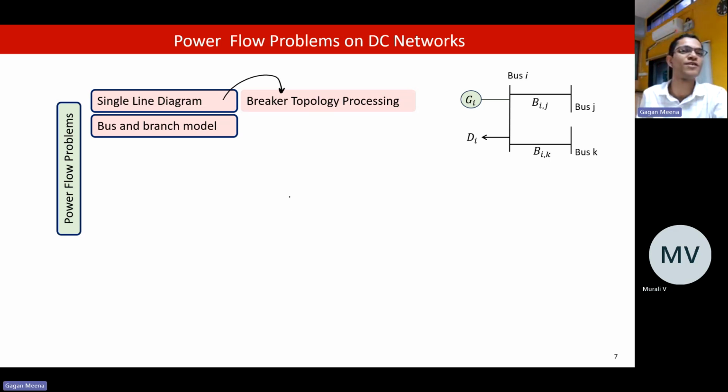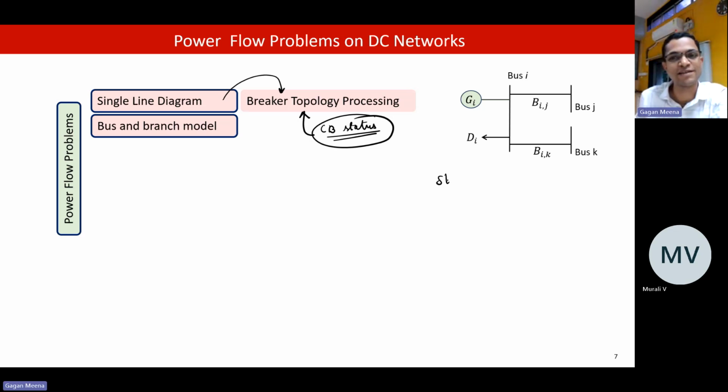There are several topologies for the bus configuration. In distribution systems we have ring mains, and in substations we have breaker and a half, double breaker, single breaker. All these different topologies are there. And depending upon the circuit breaker status in the substation, we know which buses are connected to which bus. This information is required to create this topology.